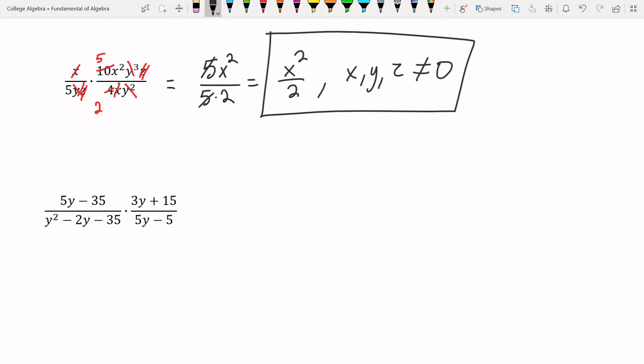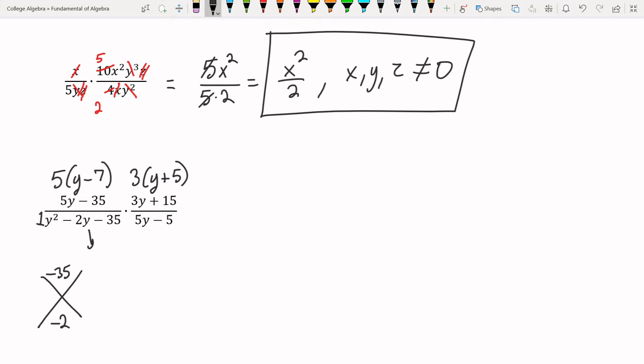Okay, the bottom one, we can do some greatest common factors and factor it. At the top portion here, I can write this as 5y minus 7. The next one is 3y plus 5. Now this bottom one here, this is going to be a equals 1. 1 times negative 35 is negative 35.